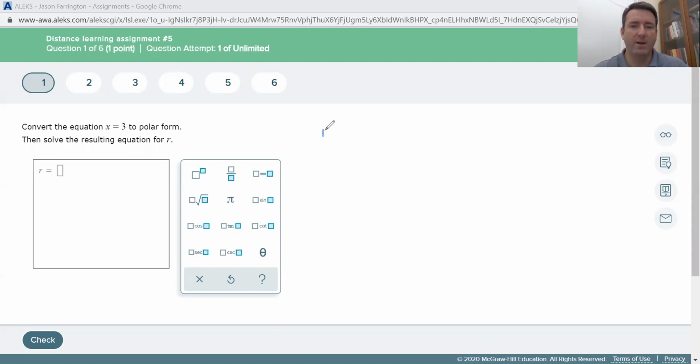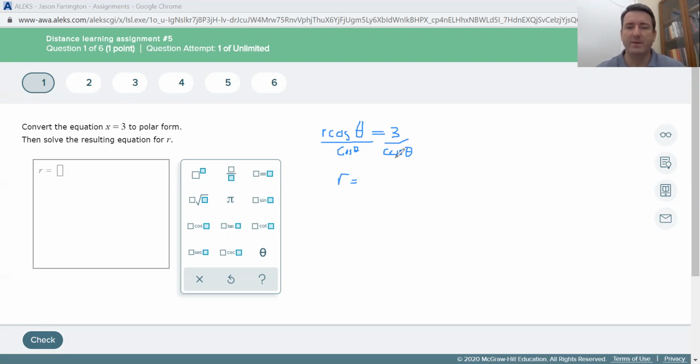So we get r cosine of theta is equal to 3. And then to solve for r, we're going to divide both sides by cosine of theta. And we get that r is equal to 3 divided by cosine of theta.